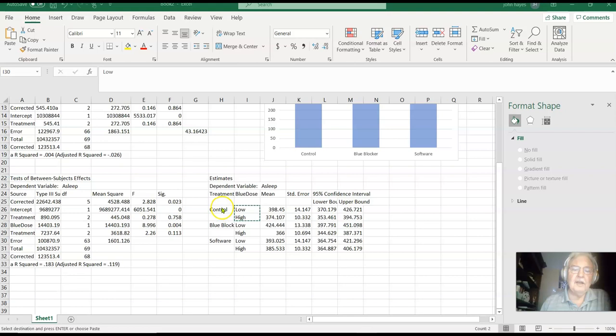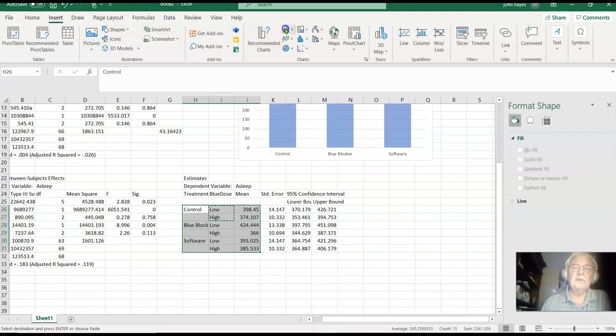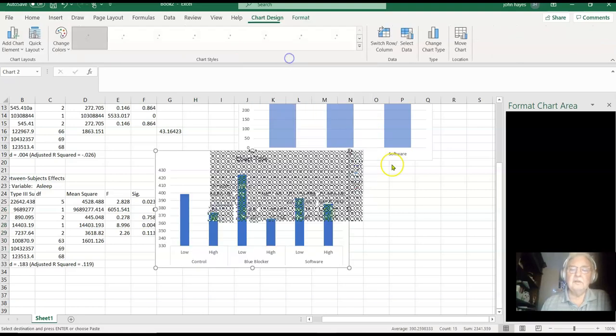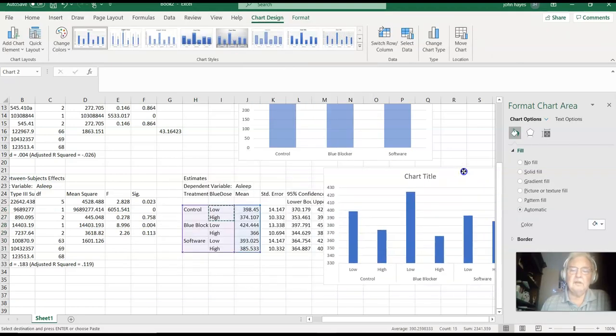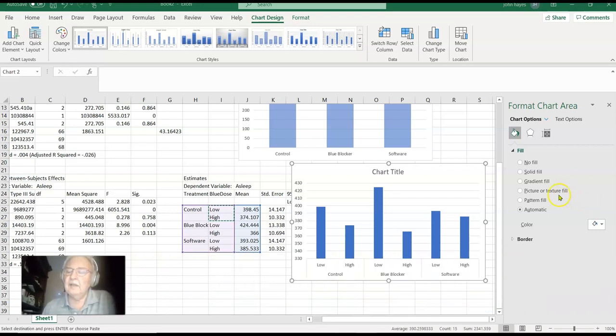So we're going to highlight, notice I can highlight 2 columns here. And when I go to insert our graph, put it in right here, and it gives me a control with a low high, a blue blocker with a low high, and a software with a low high.